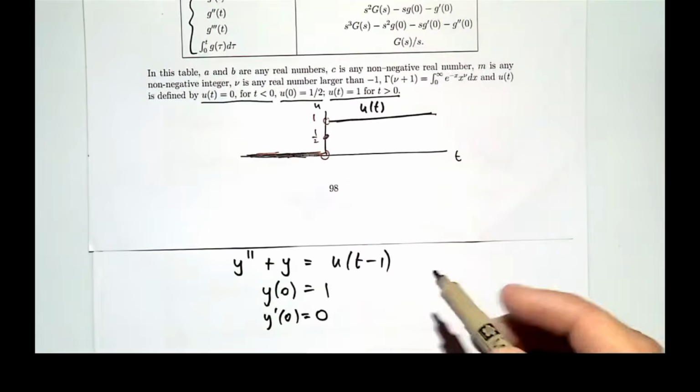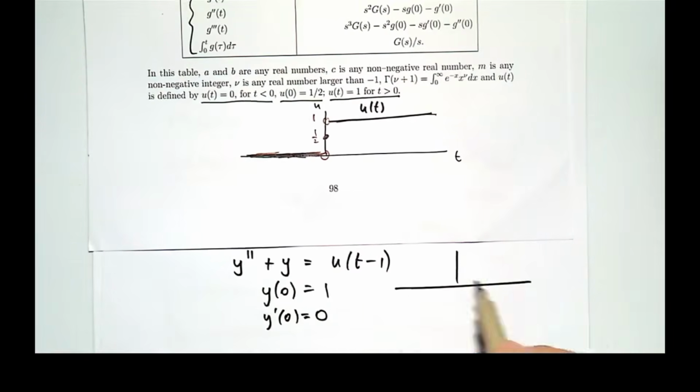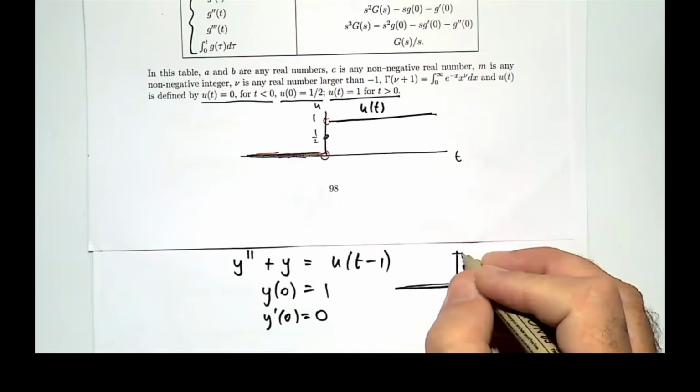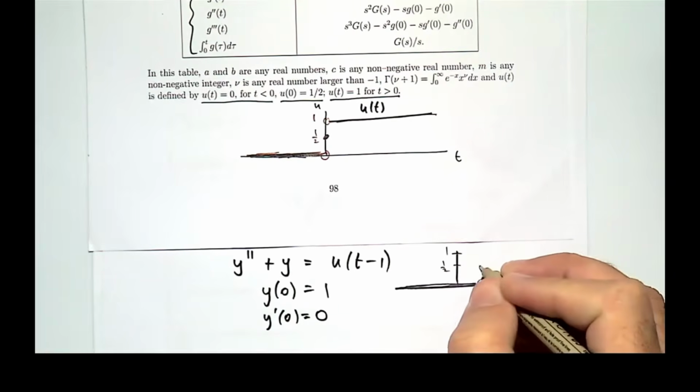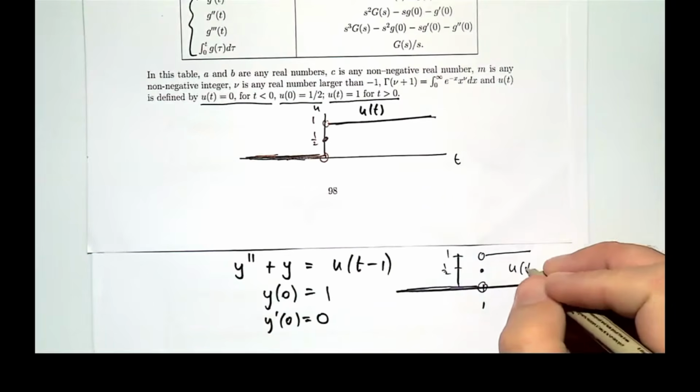This form over here, the jump would occur at 1. If I was drawing a little model for this right-hand side, it would look something like this.